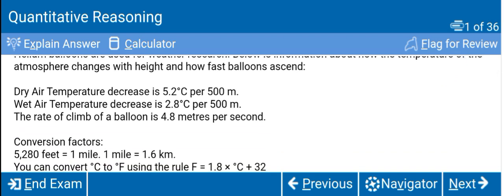Dry air temperature decrease is 5.2 degrees centigrade per 500 meter. Wet air temperature decrease is 2.8 degrees centigrade per 500 meter. The rate of climb of a balloon is 4.8 meters per second.